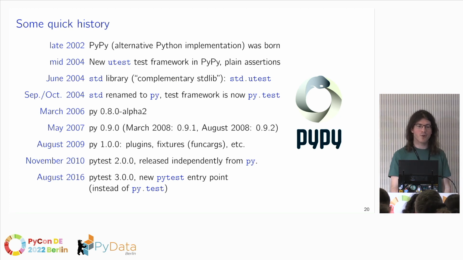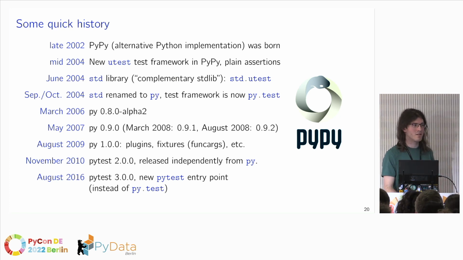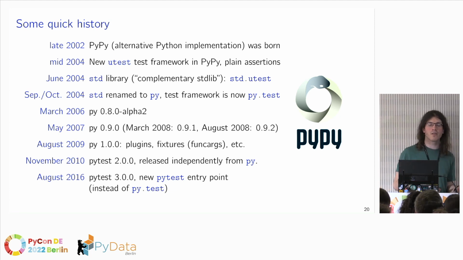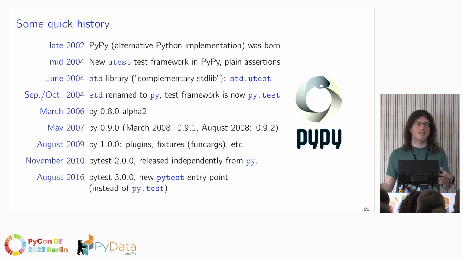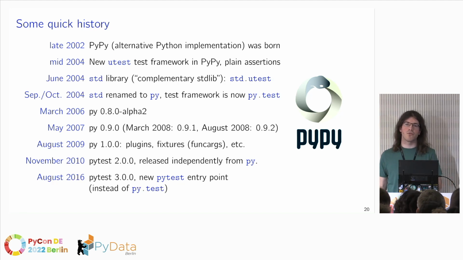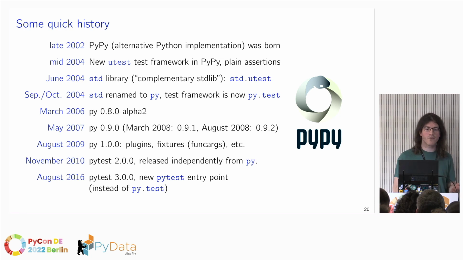So PyPy was born in 2002, and very early on it had a focus on testing, because they, of course, wanted to test that it really behaves like the normal standard Python implementation. In 2004, they already started a test framework in there with plain assertions, so that you can just write assert A == B. More about that later.